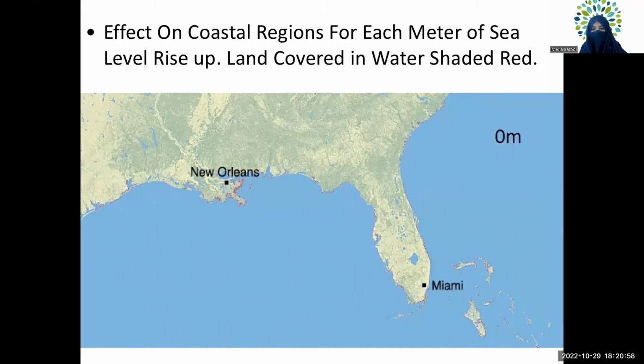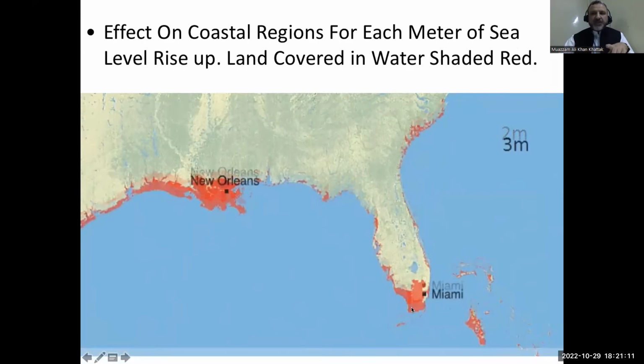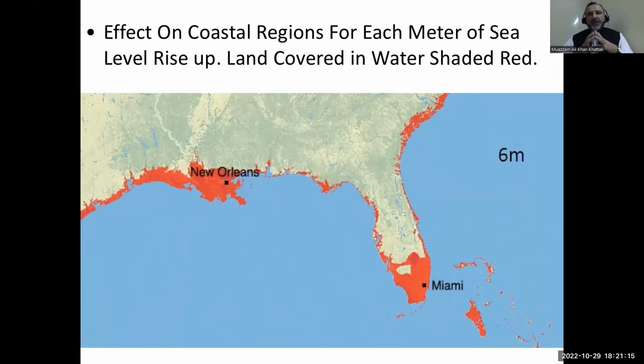So the land covered with the shaded red area is the increase, and over here you can see that we have some increase up to 1 meter. Then onward it moves to 2 meter, then 3 meter, then 4, and the recorded slot that we have is up to 6 meter.